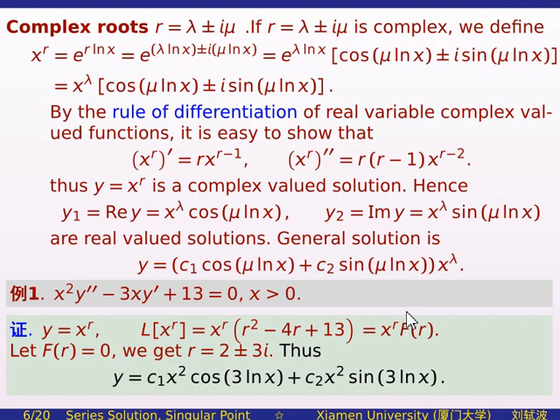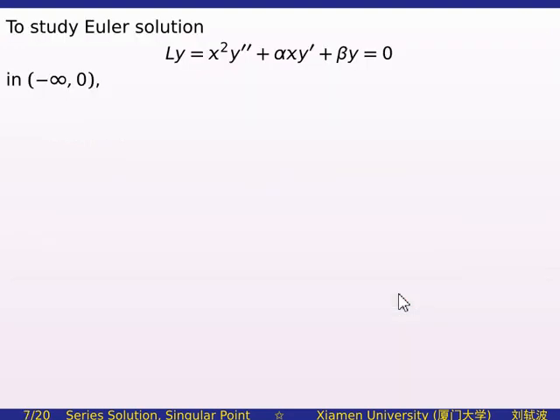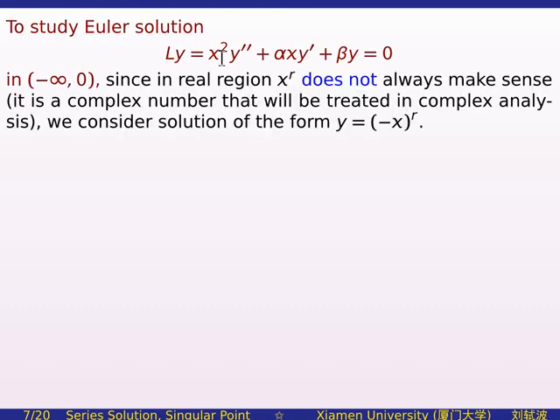So all our discussion is for x positive for the Euler equation. For x negative, if we want to study the Euler equation on the negative half axis, how to do it? This has a problem because if r is a real number, x^r does not always make sense.